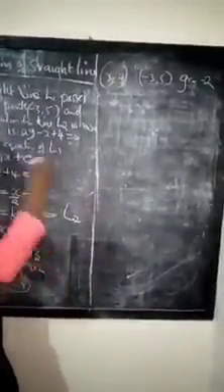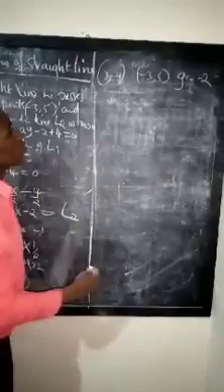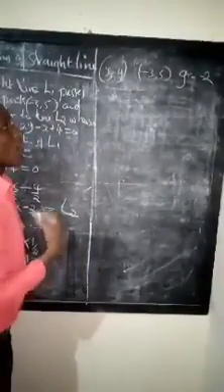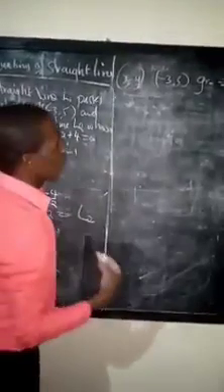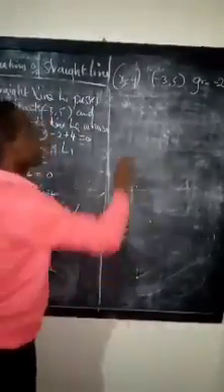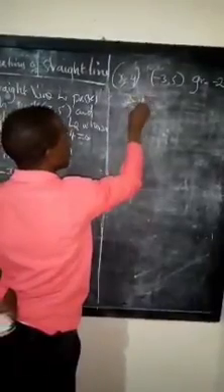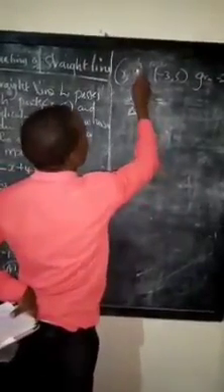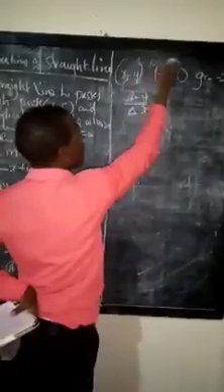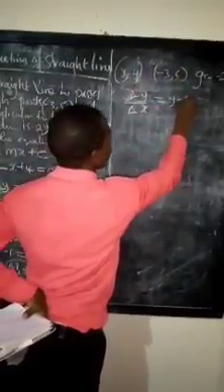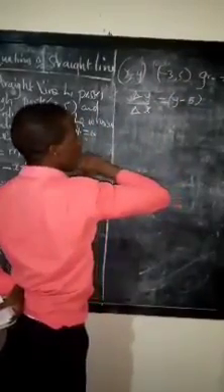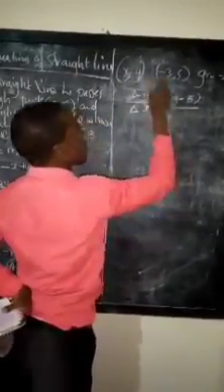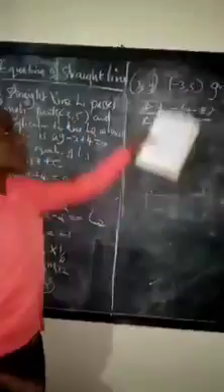So, remember we said the gradient of a line is equal to y change over x change. What is the change in y as a result of x change is given by change in y over change in x. In our case, change in y is y minus 5, divided by change in x, that is x minus negative 3.